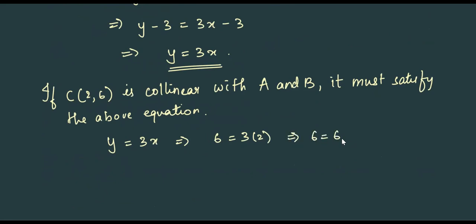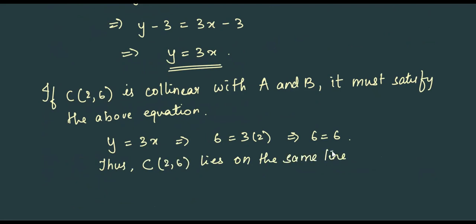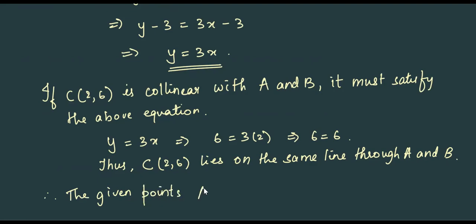So 6 is equal to 6. Thus C (2, 6) lies on the same line as A and B. Therefore, the given points A, B, and C are collinear.